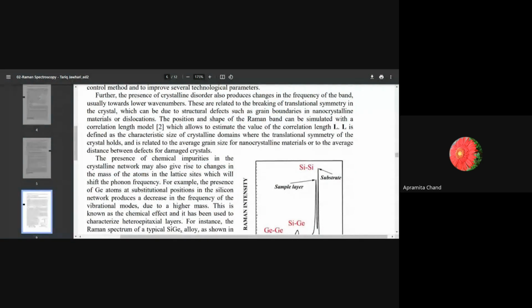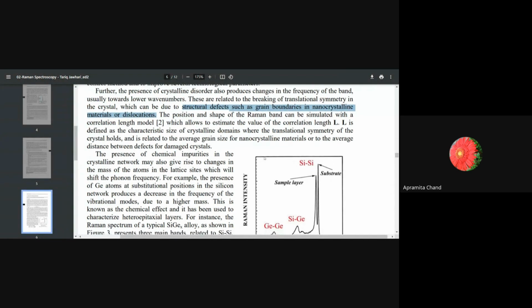We can also see crystalline disorder, and structural defects like grain boundaries in nanocrystals and dislocations. Any dislocation, any defects, any damaged crystal structures we can see in the Raman band.